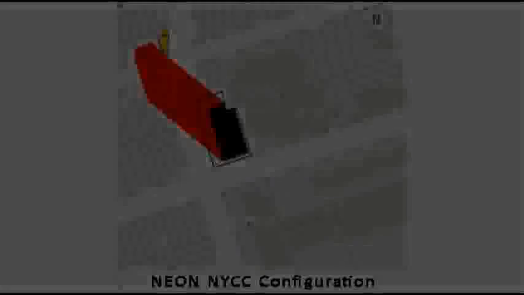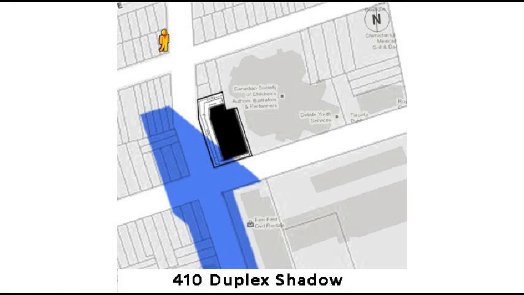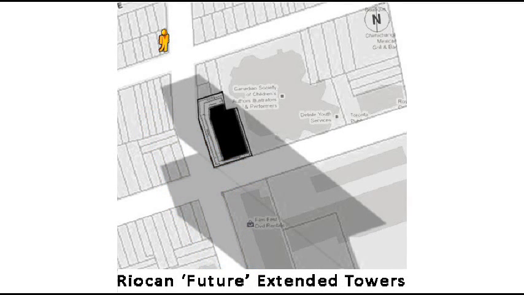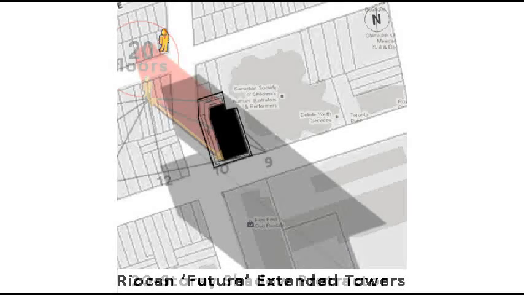We can also lay out the footprint of the shadows for other buildings, and in this case we're showing in blue here the shadow from the apartment building on the southeast corner of Duplex and Orchard View Boulevard. Likewise, we can look at the towers as they're proposed to be extended, RioCan development, and we note here that its shadow actually casts onto the lands where the neon is going to be.